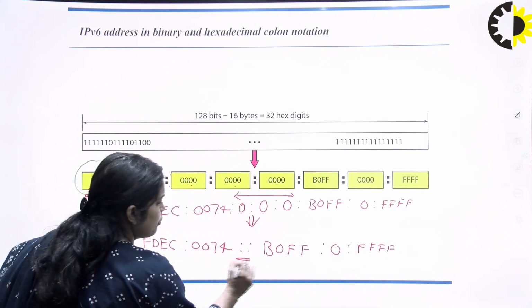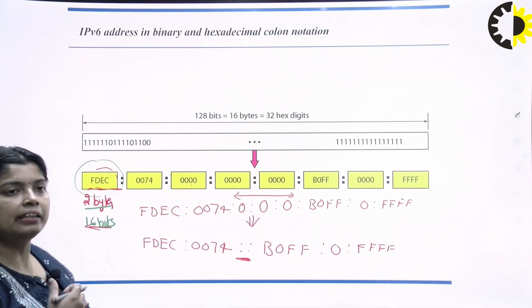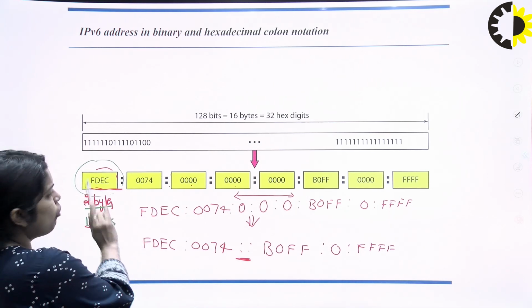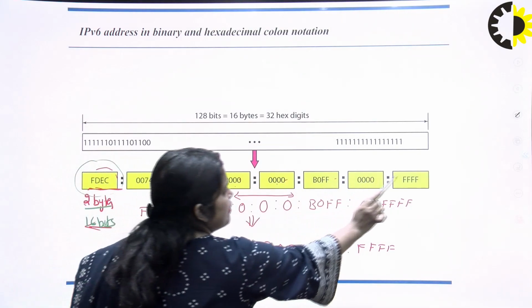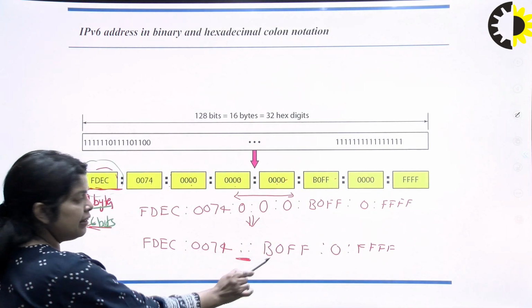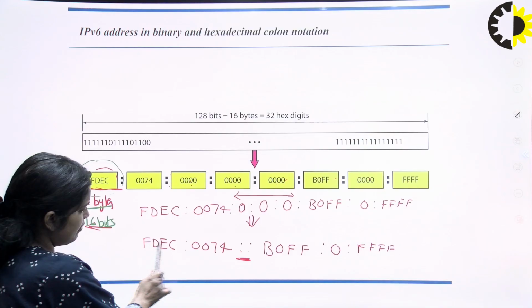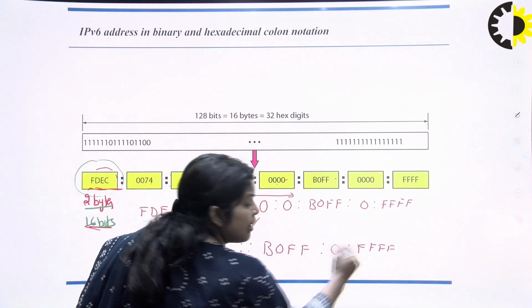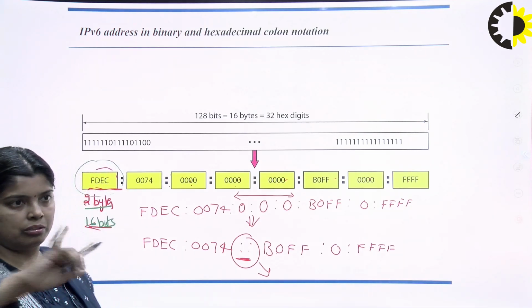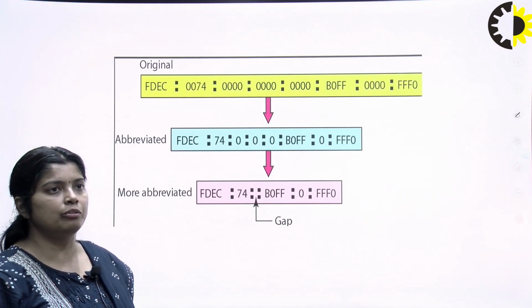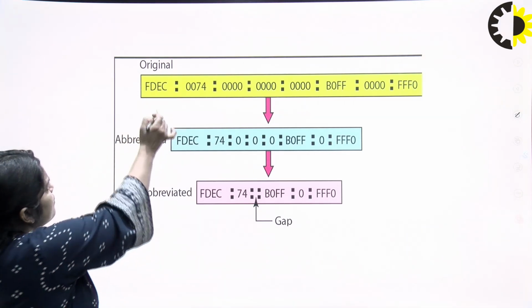This double colon says that in between there are all zeros. It means there are always 8 groups: 1, 2, 3, 4, 5, 6, 7, 8. In the simplified version, you can see 1, 2, 3, 4, 5, there are 5. It means this double colon represents 3 groups of zeros.